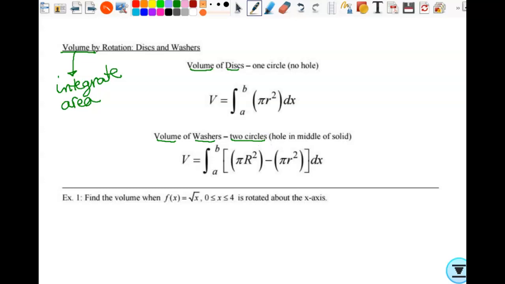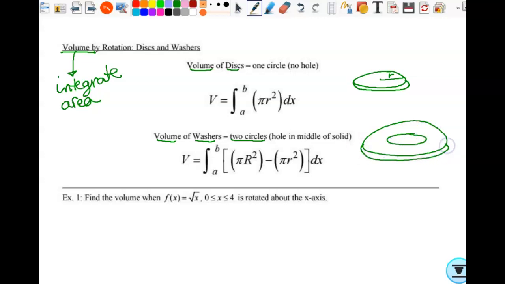Okay, so this is what a disk would look like, and there's a little bit of thickness, because we've got to be able to find the volume. That's your radius. If I have a washer, then it looks like a flying bagel.